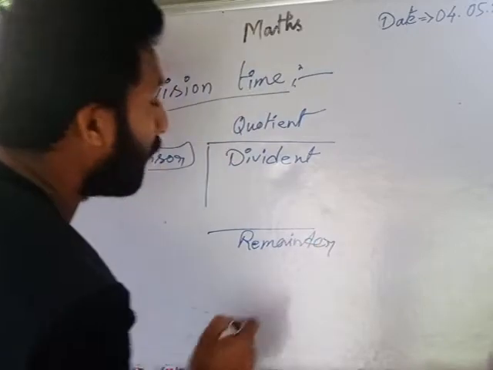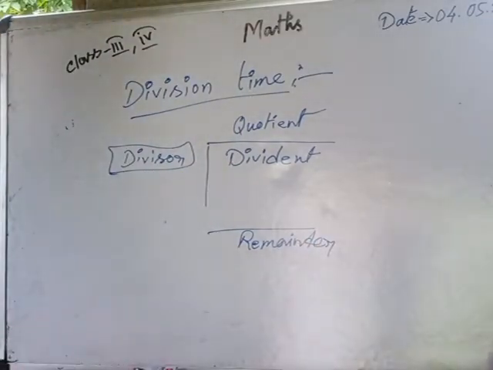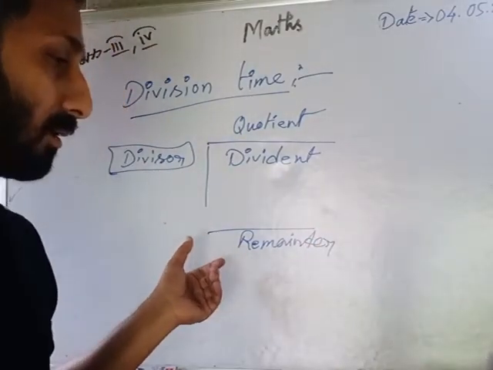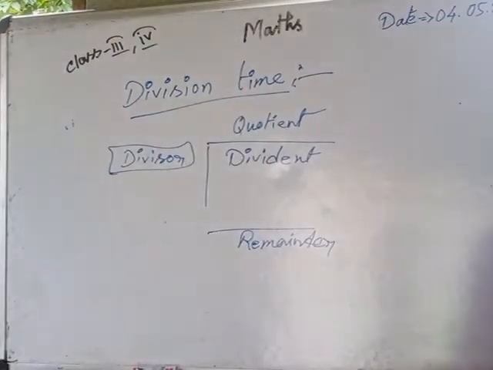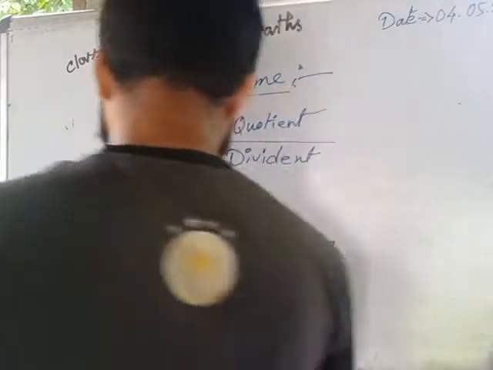After division, if something is left, that left number is called the remainder. The number left after division is called the remainder.